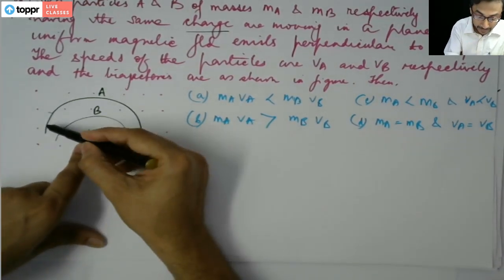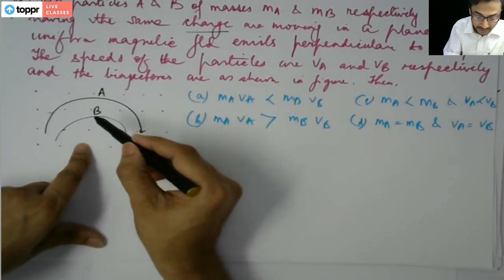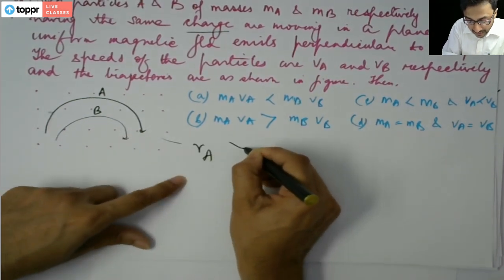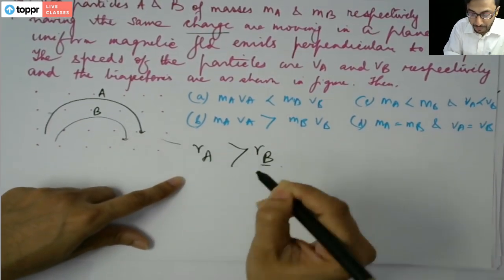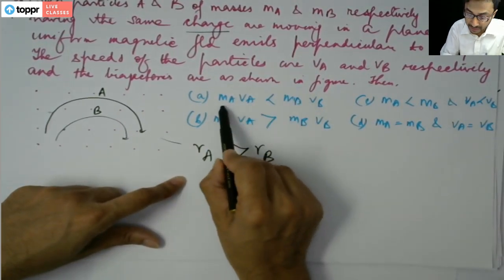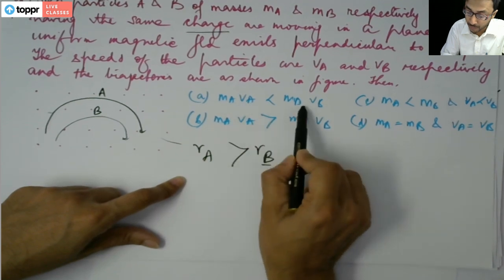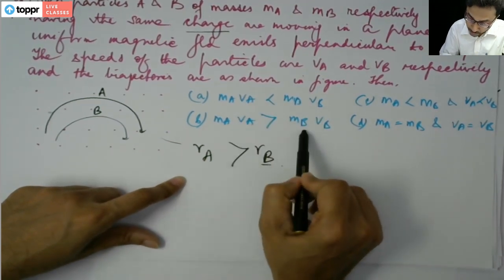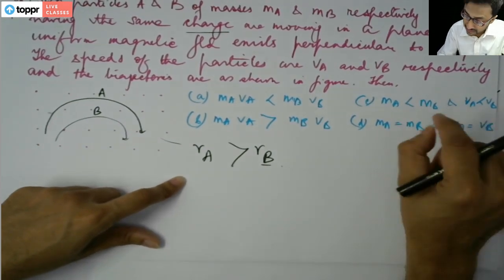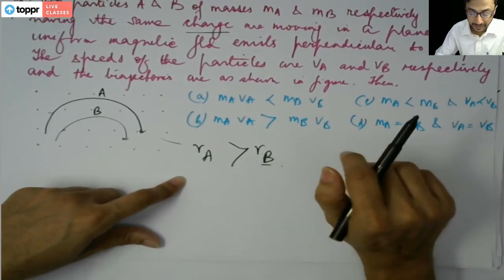Now see, in the trajectories you can understand the radius of A, that is RA, is greater than radius of B, right? Now what can be the answer? First see, they have compared the momentum. There also they have compared the momentum, and in this exactly they have compared each masses and velocity. Let us see.